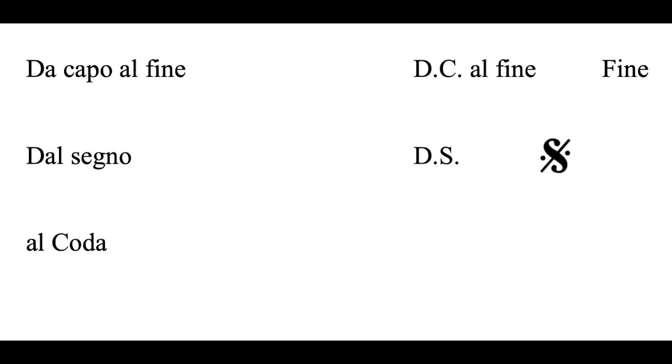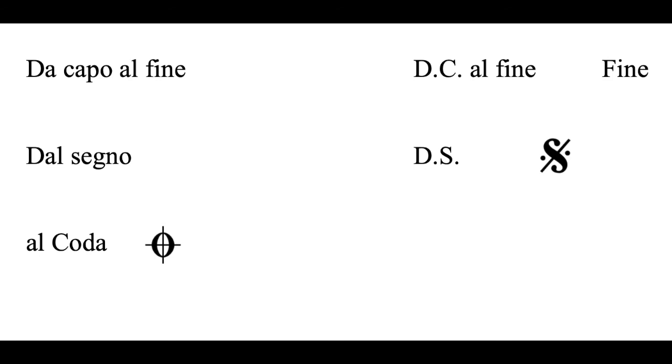So DS al coda means go back to the sign, and then play from that point where the sign is up to where you see, usually at a double bar line, the coda sign, which looks like the telescopic sight on a rifle, a circle with crosshairs.